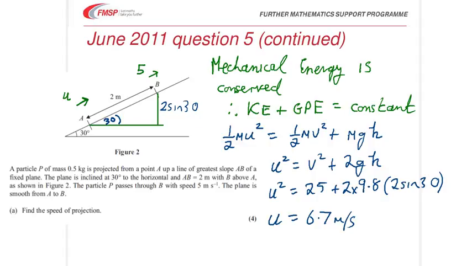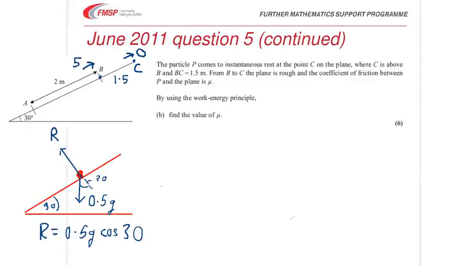On to the second part. Now the second part involves the particle P coming to rest at C, which is further up the plane from B. In fact, it's 1.5 meters up the plane from B. And remember, it had a speed of 5 at B. So this time there's going to be energy lost against friction.